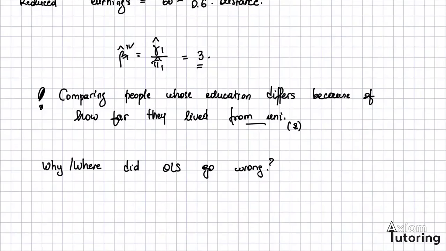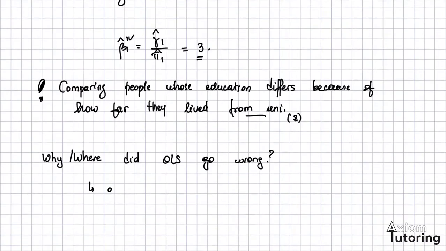The thing is, OLS uses all the variation in education, both clean and contaminated, which means that you will have ability, which brings higher ability, equal to more education, which means also higher earnings.